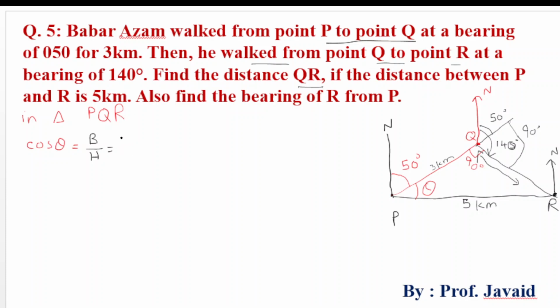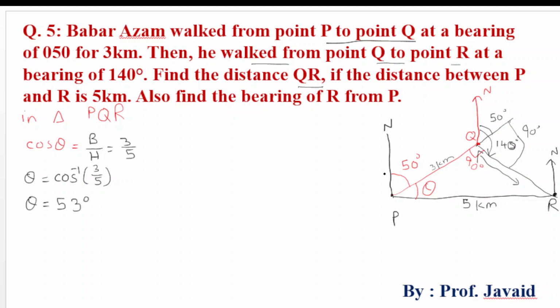So base is 3 and this is 5. So theta is equal to cos inverse of 3 over 5. You will write shift cos on the calculator, and the answer will come like that, 53 degree.